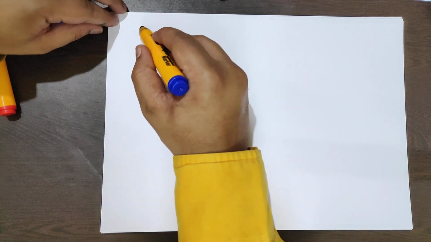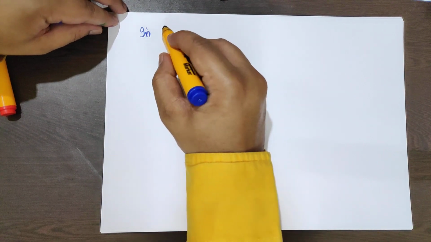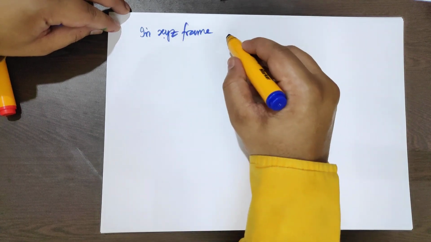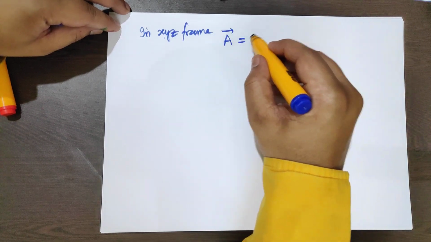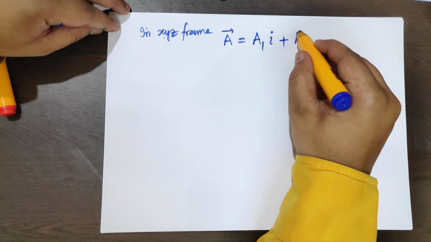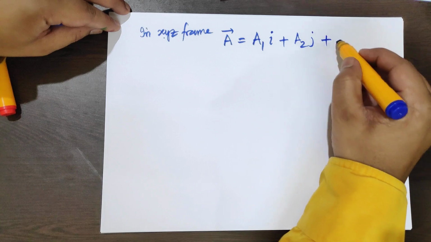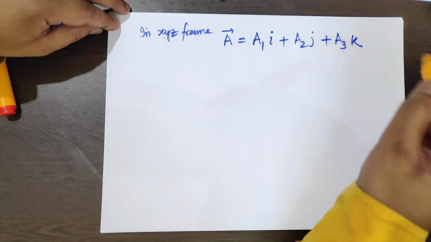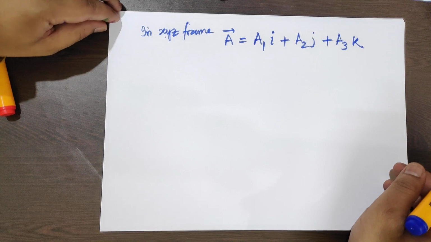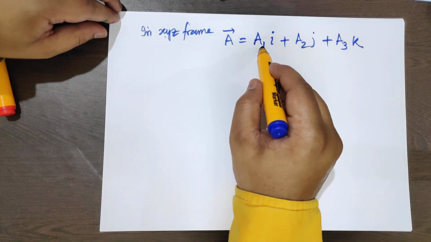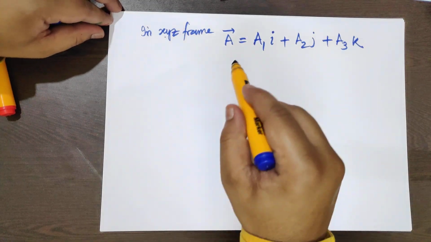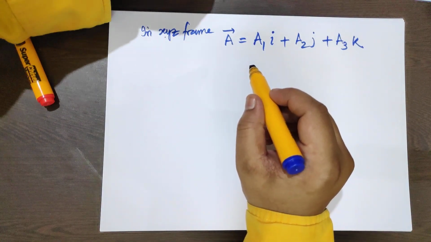Okay, now let's see this dA/dt. In the small xyz frame, vector A you can write as a1 i plus a2 j plus a3 k, where a1, a2, a3 are components of the vector A with respect to the small xyz frame.